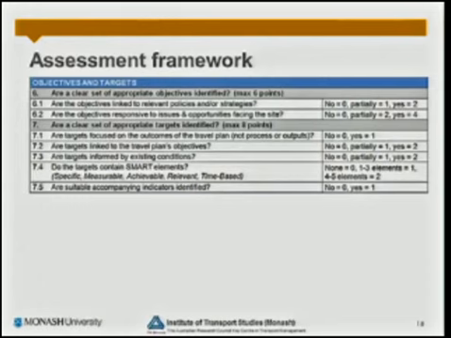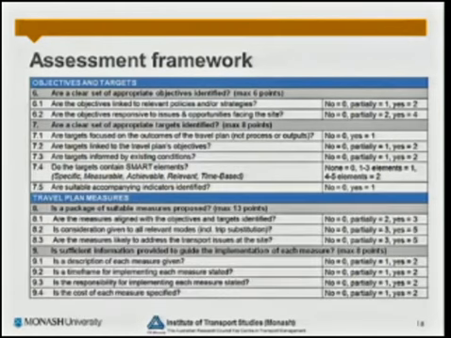So for objectives and targets, are a set of clear and appropriate objectives identified, and are there appropriate targets? And you'll see that there was a range of scores for each of these criteria. Likewise, for the measures that were included in the package, a range of scores.